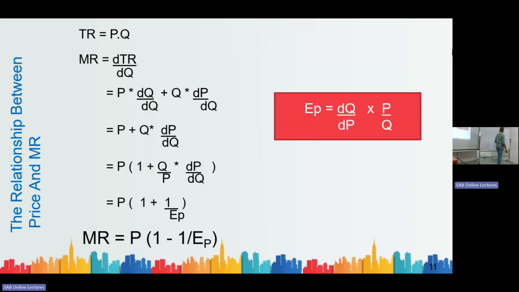Earlier I took 0.2, but in order to make the calculations easy, I want to have the slope minus 2. So don't get confused. Earlier the demand curve was a different one. This is a different one. Okay. Don't get confused. Minus 2. So the 10 lies here. Minus 2 is the slope.